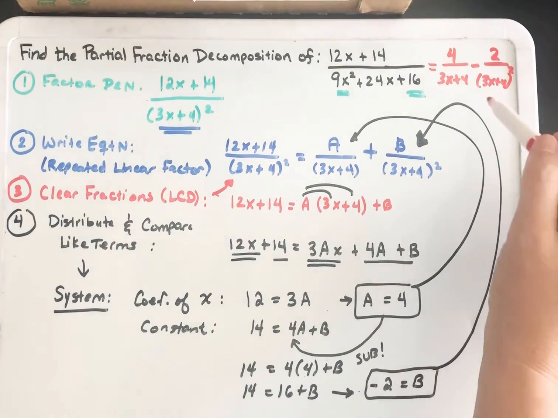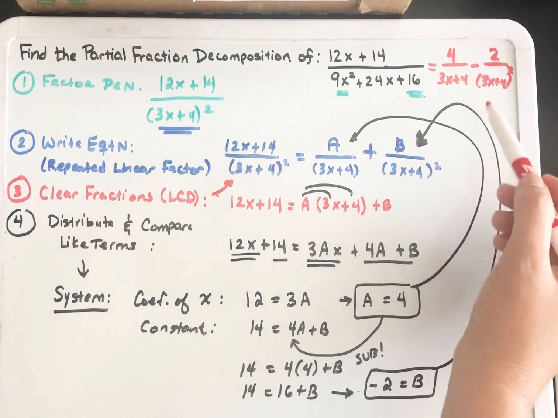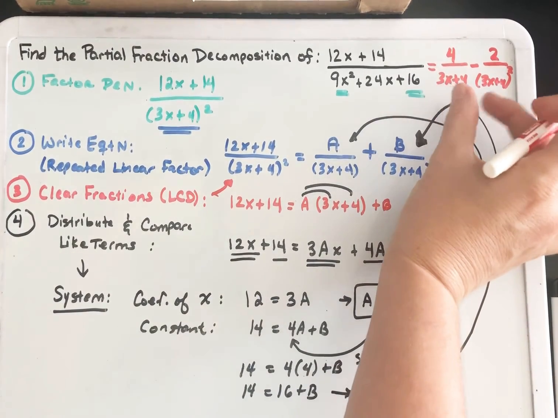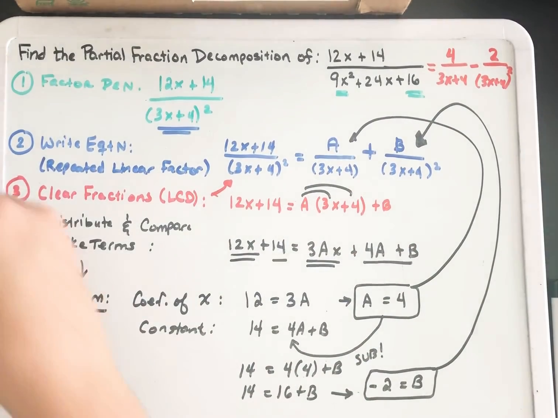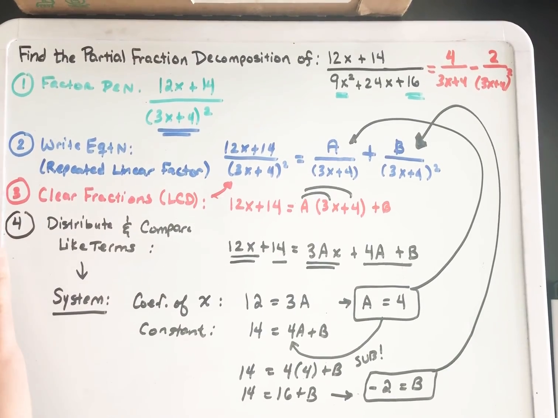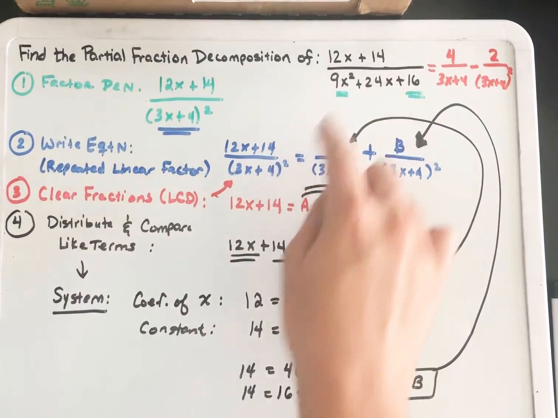And one could check that by, again, using your algebra techniques of getting a common denominator and combining your numerators accordingly, and seeing if you do in fact get the same thing you started with.